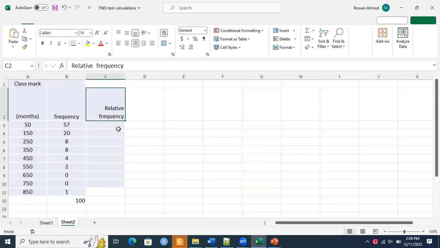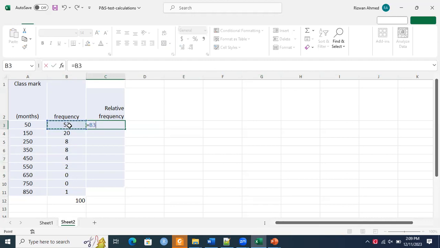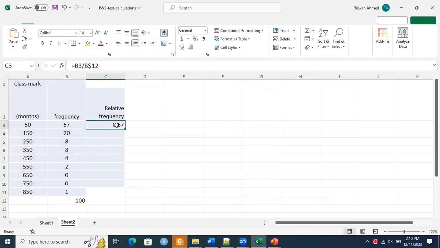Relative frequency is equivalent to probability, and it is equal to frequency divided by the total number n. So I can take the number from its respective cell, $12, so 0.57. So we have got these numbers, relative frequency or the probability.